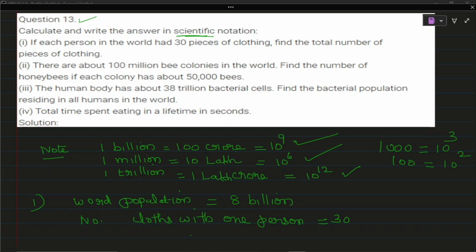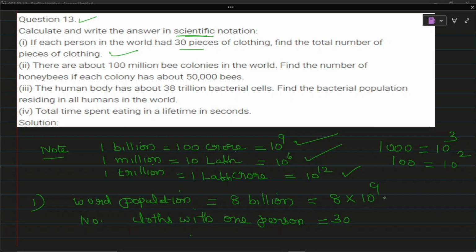If each person in the world had 30 pieces of clothing, find the total number of pieces of clothing. First we should know the world population, and it is 8 billion. 8 billion people are there in the world, and 8 billion we can write as 8 into 10 raised to 9, because 1 billion is 10 raised to 9.